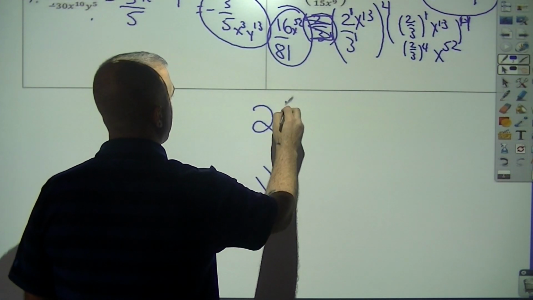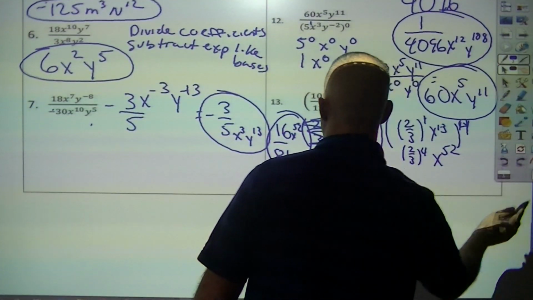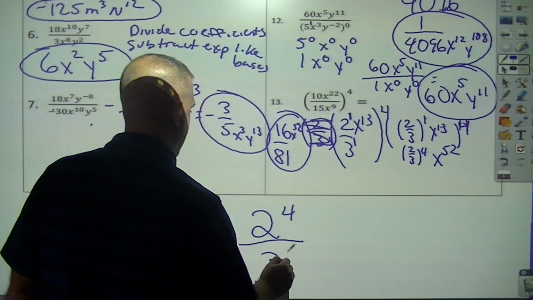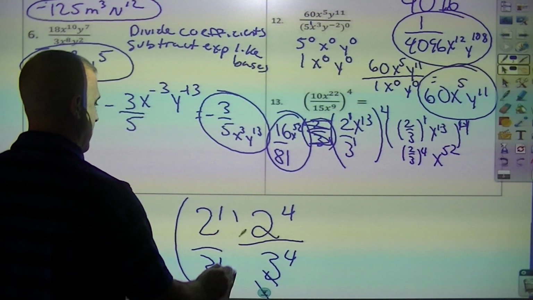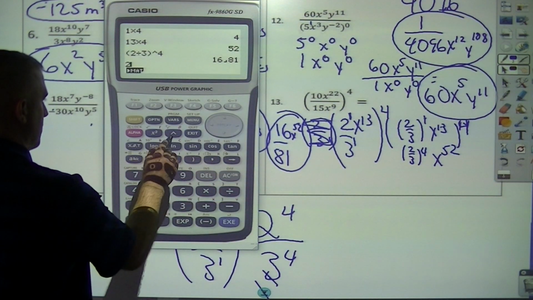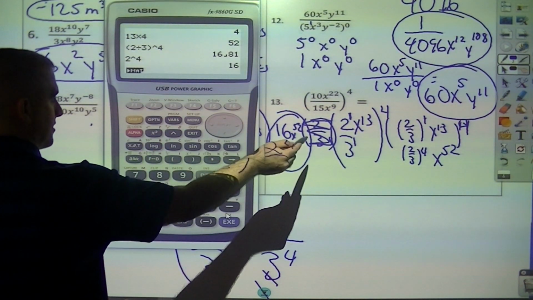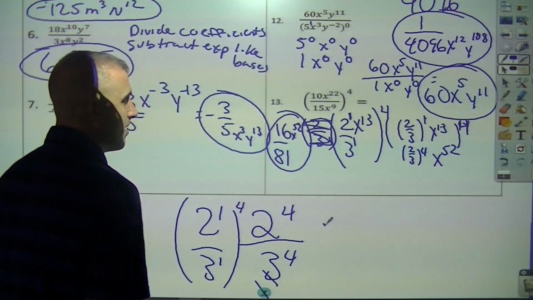If I did 2 to the 4th power, and then 3 to the 4th power. I treated these as individual exponents. So when they got raised, I multiplied them. That would work too, as you can see. 2 to the 4th would be 16. 3 to the 4th would give you 81. So either way you want to get there is fine.